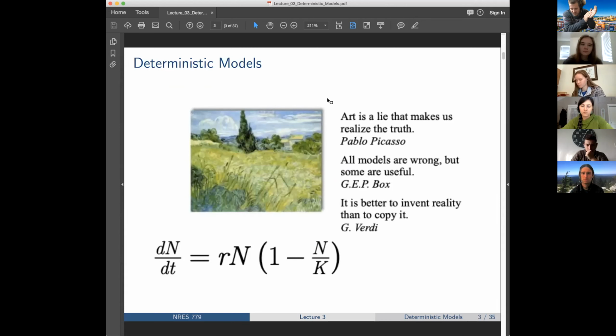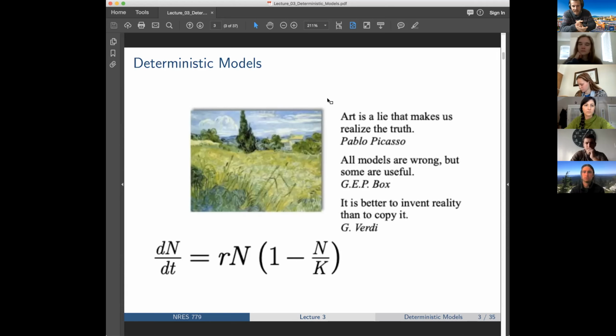When we use these models, mathematical models, we don't assume that these represent truth. The middle quote here is often used when describing statistical models, in that all models are wrong, but some are useful. So I would argue that most scientists don't actually believe the deterministic models that they're using represent the true reality perfectly.